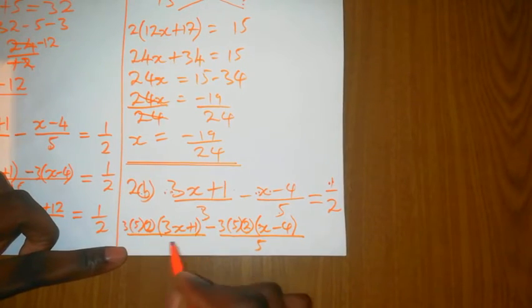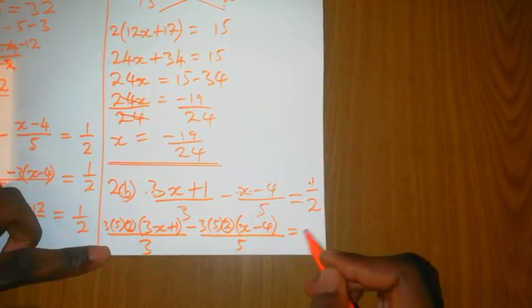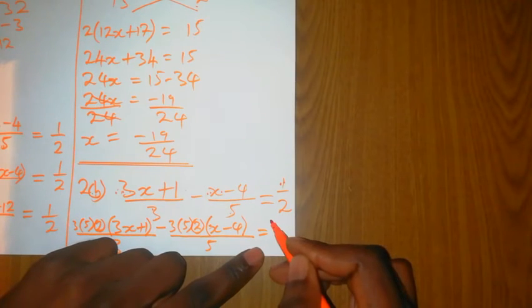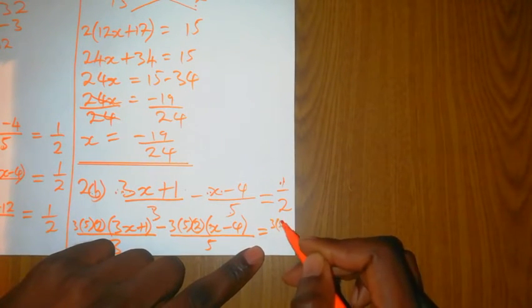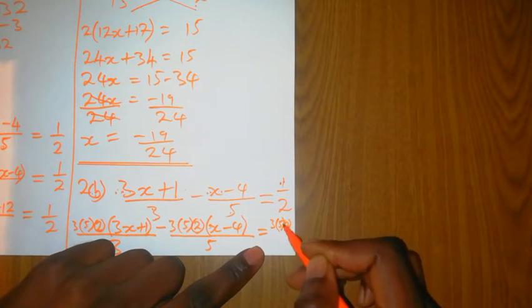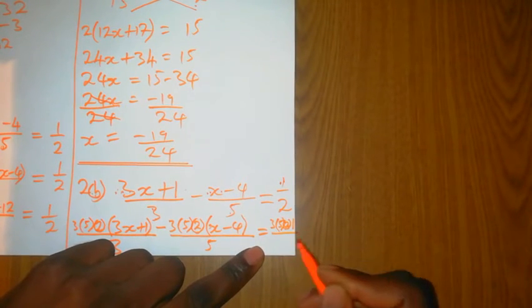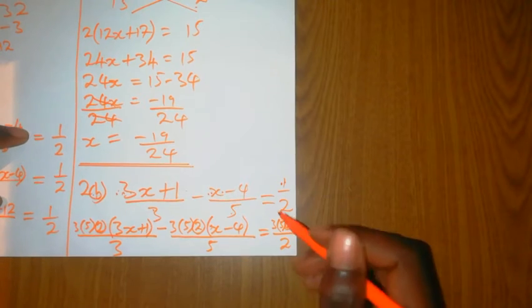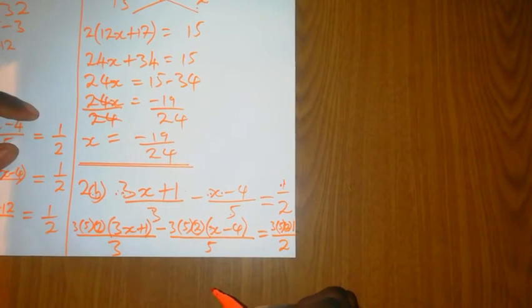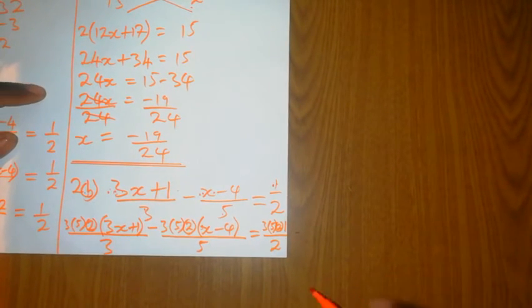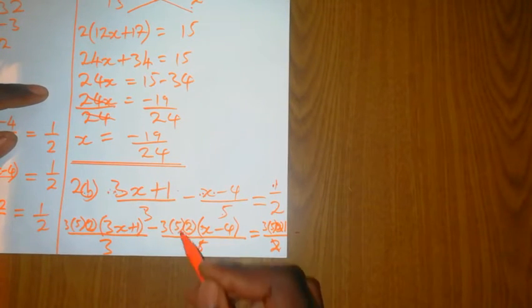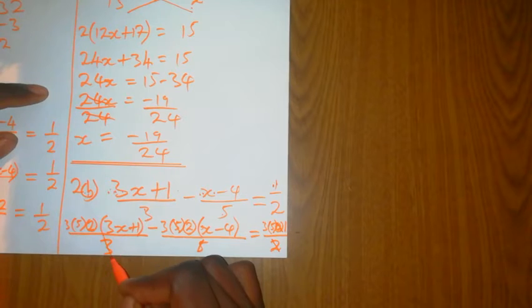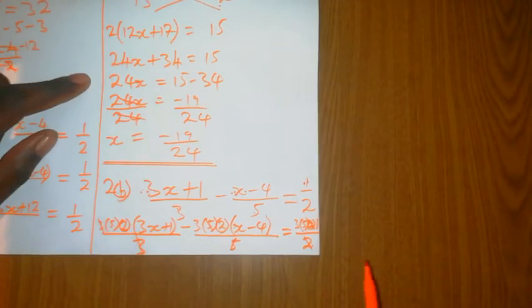This one is still all over 3 is equal to 3 bracket 5 bracket 2 bracket 1 still all over 2. Then we are going to cancel out what's possible. In this case it's 2 and 2, 5 and 5, 3 and 3.